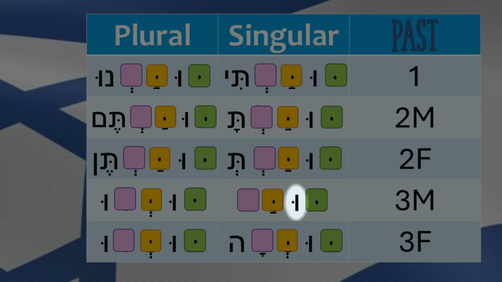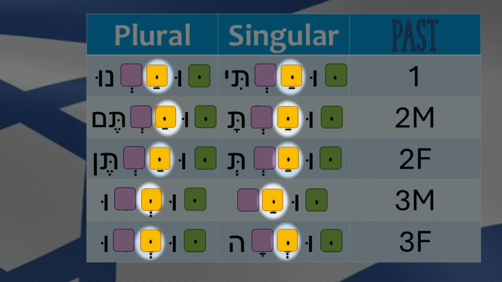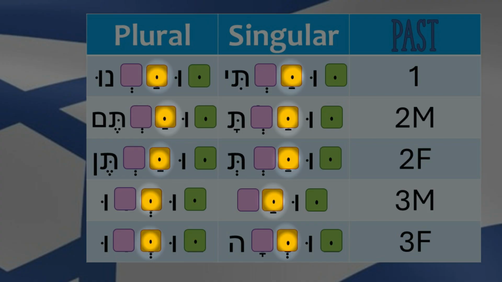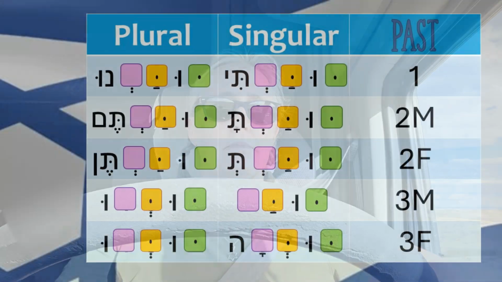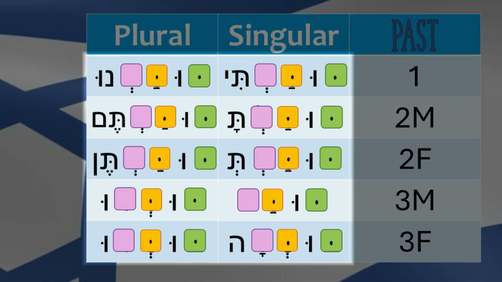So what I just said applies to all of the forms. All right, then we've got the second shoresh letter, and it too is going to have that doubling dagesh, just like it did in the present tense. So remember the doubling dagesh, this goes for all of the letters except the otiot gronit. And so again, we're gonna say everything with its hard stop sound. All right, so up till now, everything I've said applies to all of the forms.